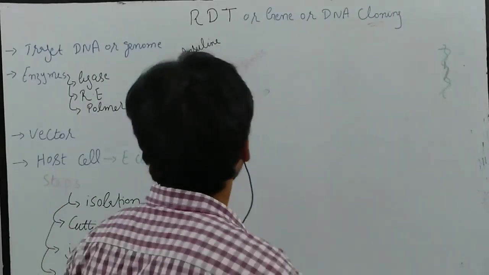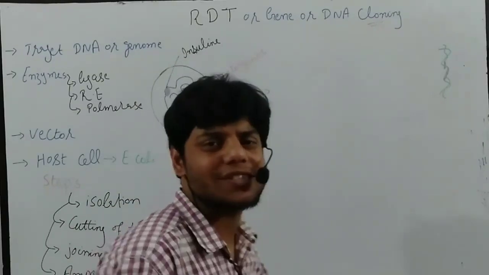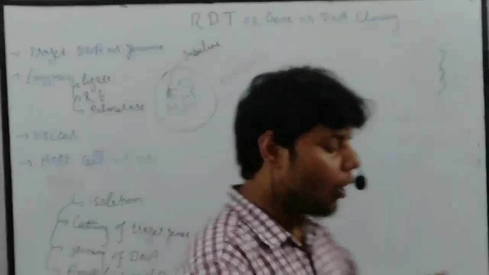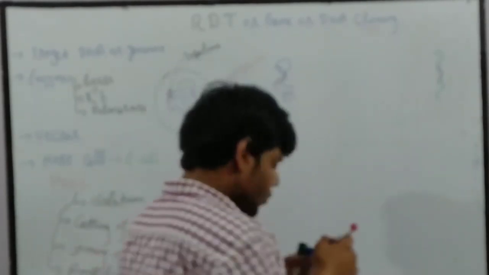Finally, we get the whole genome of the human. This is the whole genome of the human, and it also carries our desired genes, or we can say insulin genes. Okay, this is the first step.